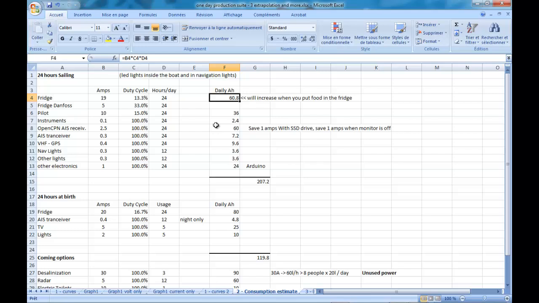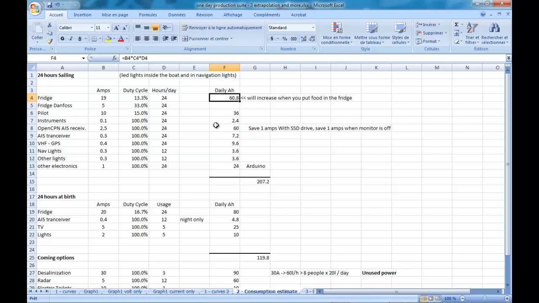Now if you put food in the fridge, this can increase a lot. Like if you have a full grocery, the fridge is empty, the groceries stayed in the car and now reach 15-20 degrees by the time you reach the fridge, and you pull all this in, this will easily double because you have to cool off all that food.